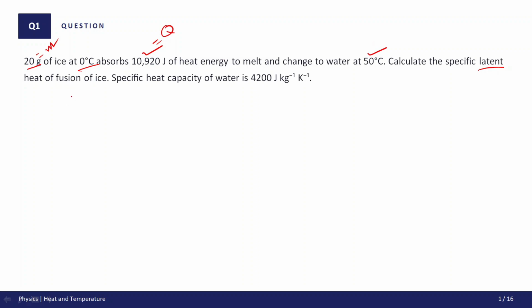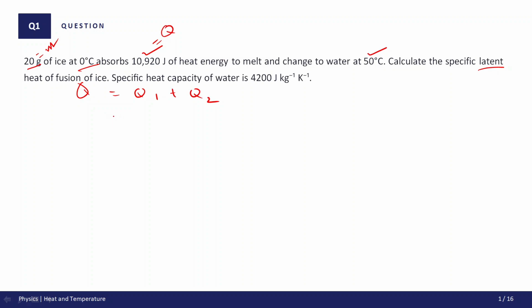So first, the total energy can be written as Q equal to Q1 plus Q2. Initially the ice at 0 degrees Celsius melts, solid to liquid. How much energy is absorbed by it? Q equal to ml.